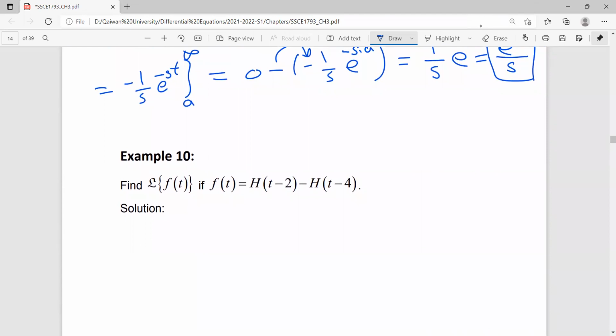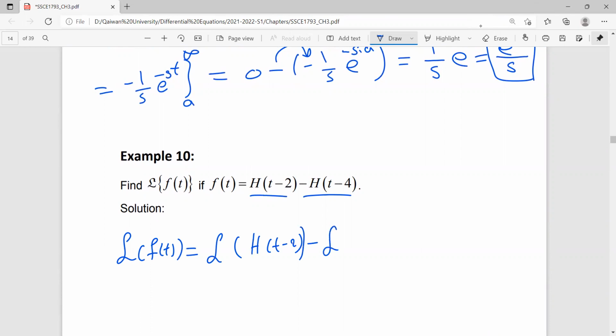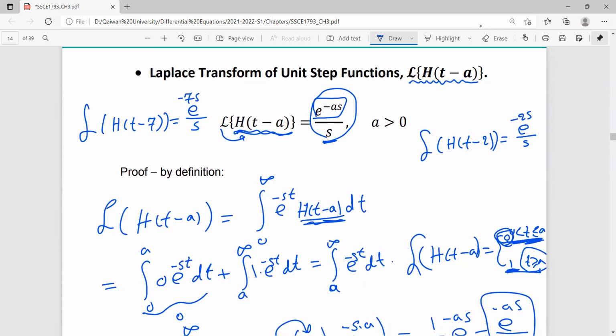Here we have an example. We have the difference of two Heaviside functions. The Laplace of f of t equals the Laplace of h of t minus 2 minus the Laplace of h of t minus 4. For the first one, the Laplace is e to the power minus 2s divided by s, where we applied this rule and just replaced a.